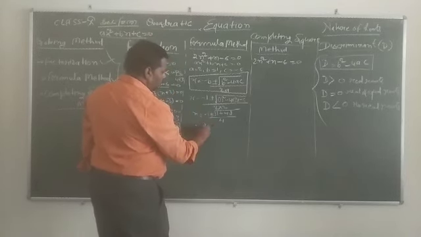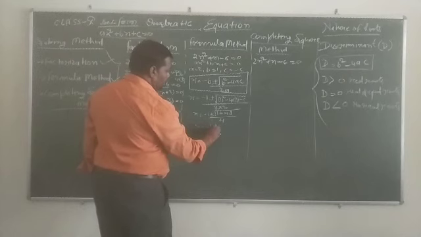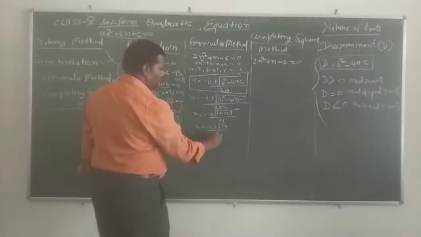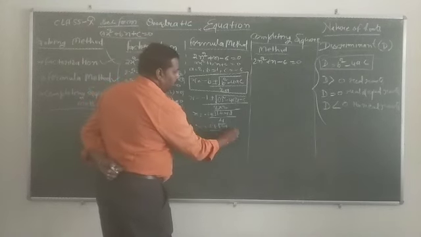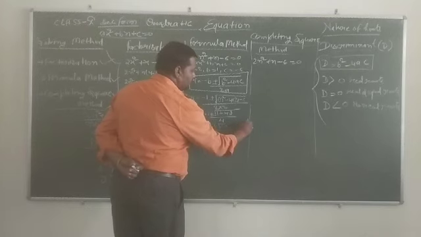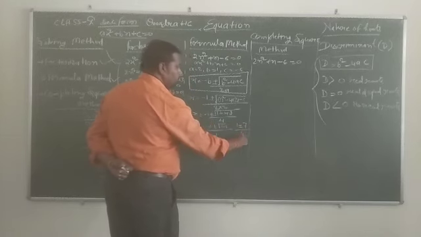So now x equals to minus 1 plus minus under root 49 and upon 4. That value is minus 1 plus minus 7 upon 4.